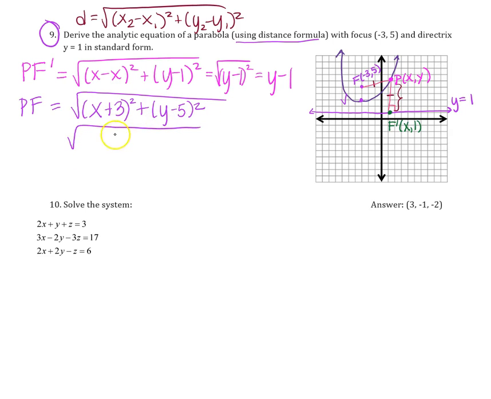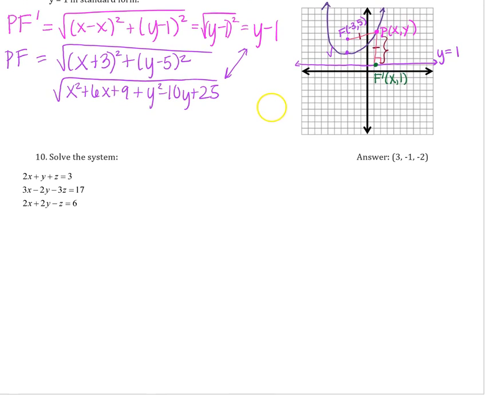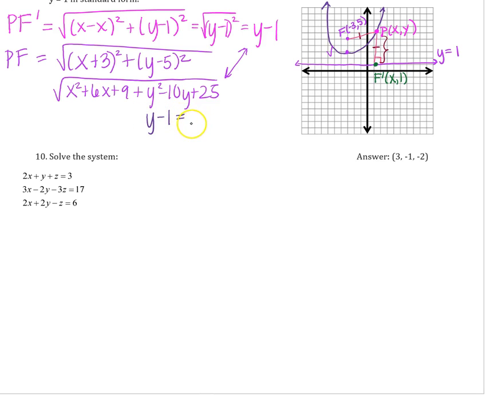This gives me x squared plus 6x plus 9 plus y squared minus 10y plus 25. So these are going to be set equal. I'm going to move them down here, get some space. So I've got y minus 1 is equal to this whole radical: x squared plus 6x plus y squared minus 10y, and then 25 plus 9 is 34.